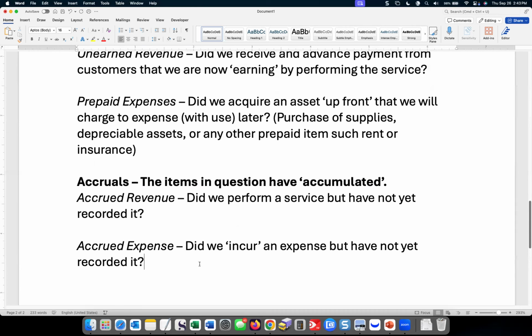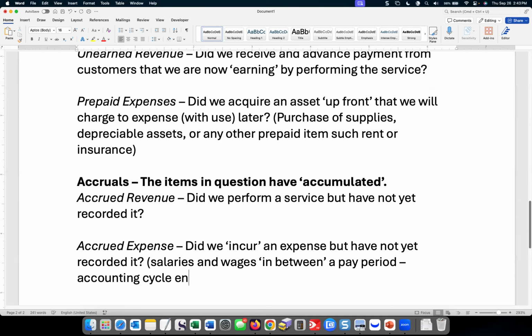What about an accrued expense? Some great examples of this are salaries and wages in between a pay period, where the accounting cycle ends in the middle of the pay period.